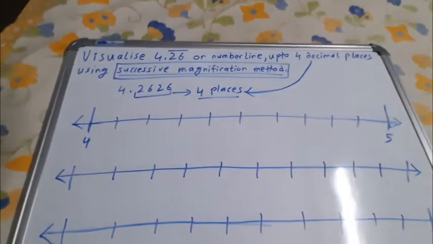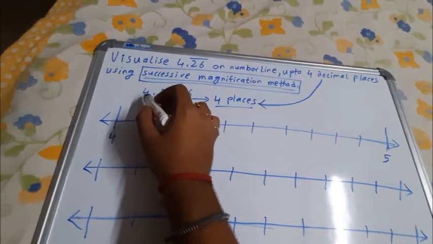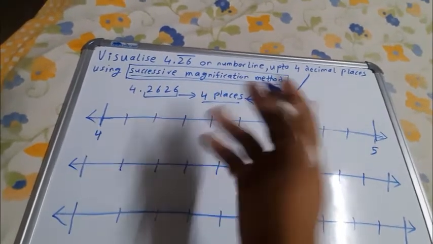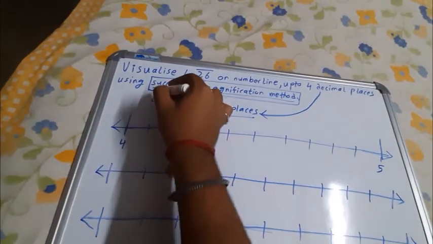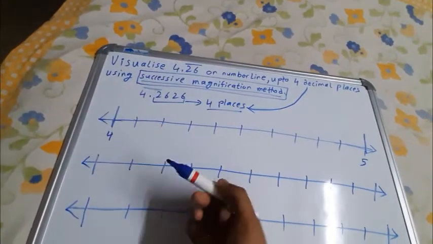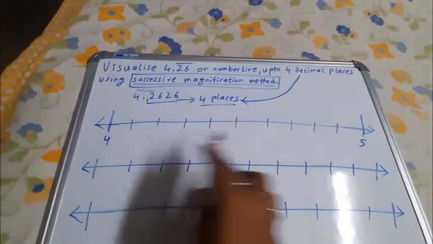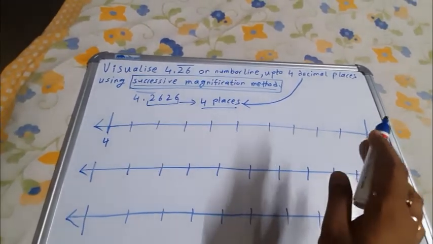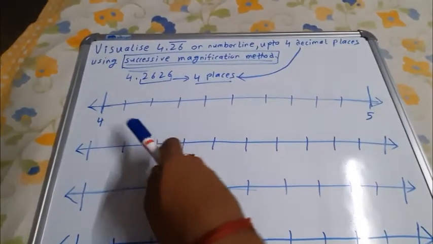Now see, this method is actually very easy. Now tell me, 4.2 lies between which two numbers?